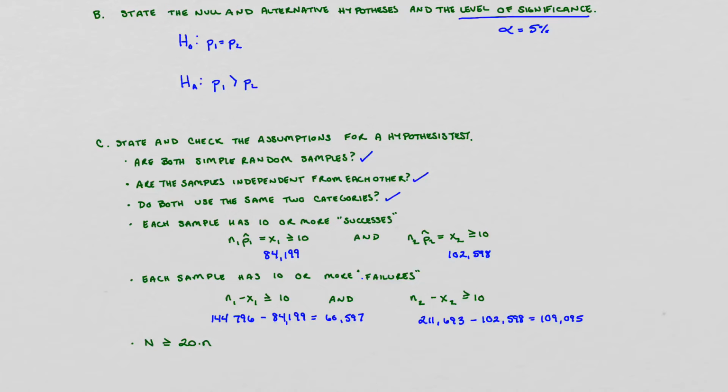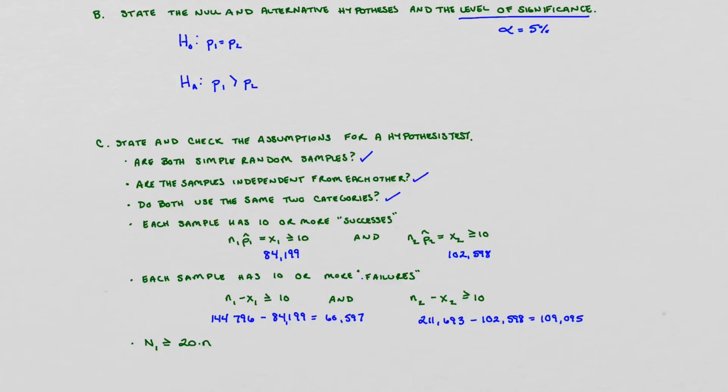The last bullet point is just asking us, do we know if the population size is greater than or equal to 20 times the sample size used for each group? And really, I would say we don't really need to worry about this. We are good to go ahead and move forward. And I really should update that last bullet point. So really, I should be talking about the entire population of students that are taking the AP biology exam.